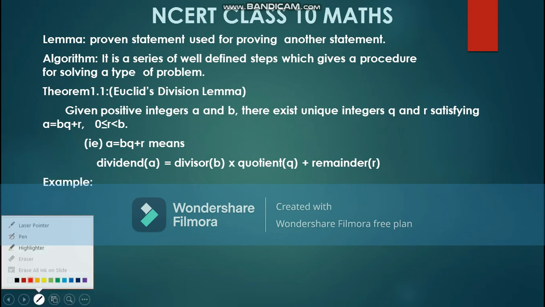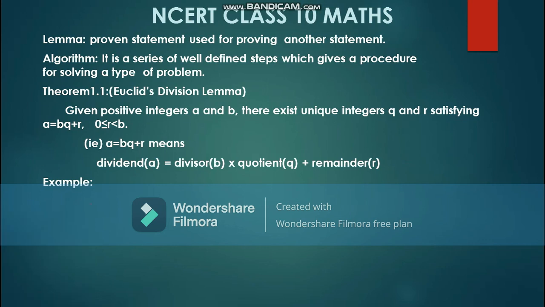If we take any number, suppose I take 11. 11 is the dividend and 2 is the divisor. It is divisible 5 times. 5 twos are 10 and the remainder is 1.